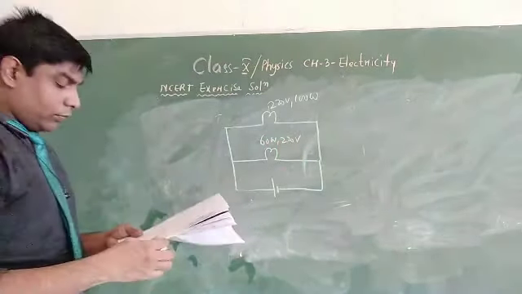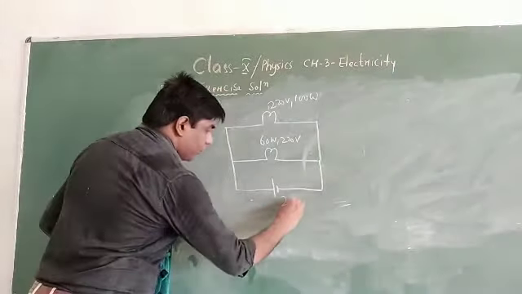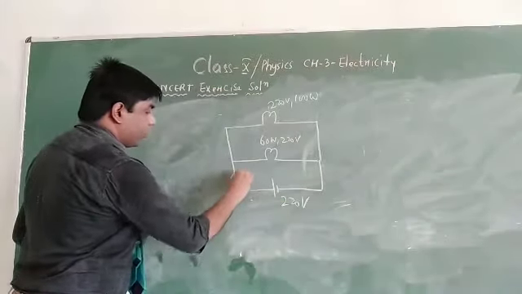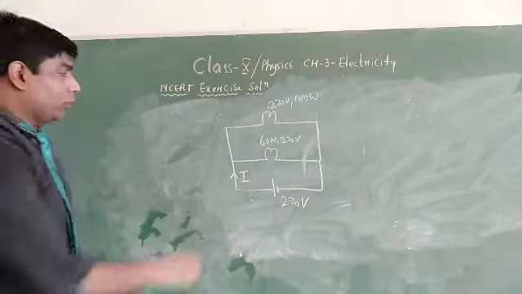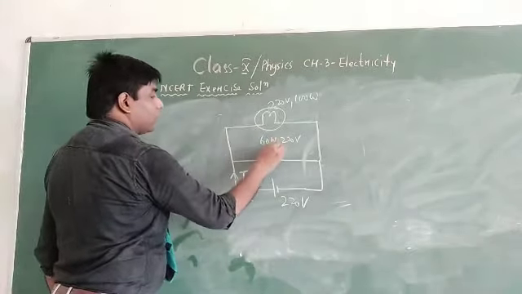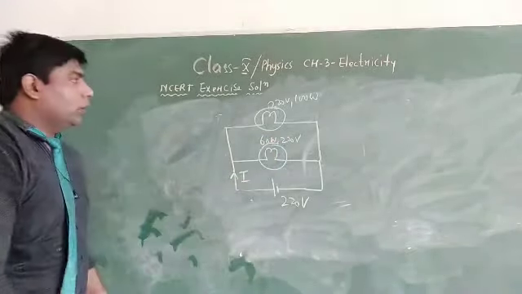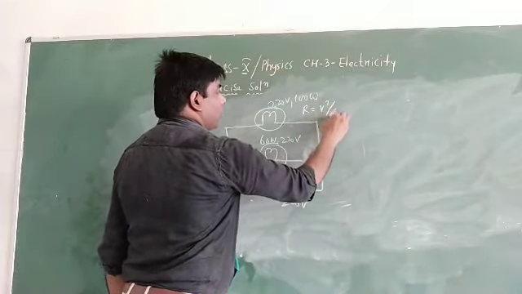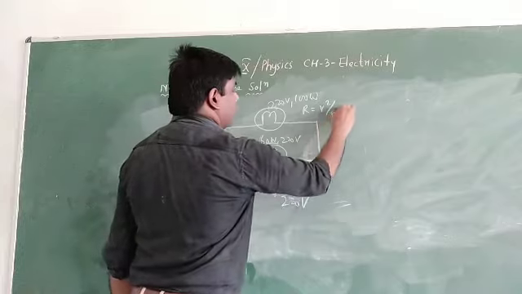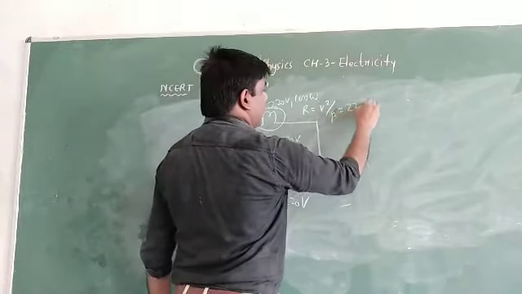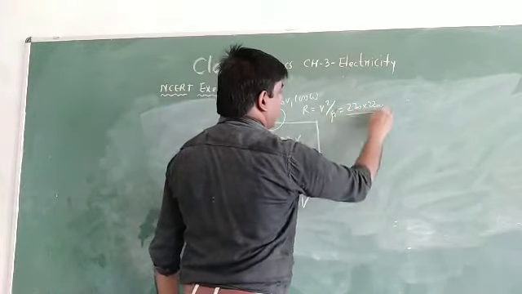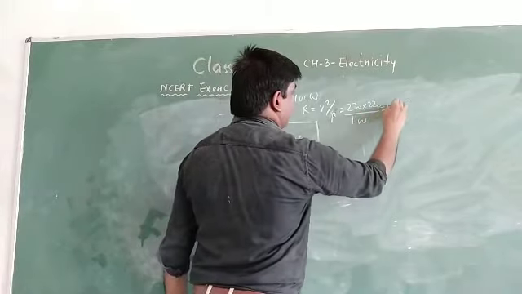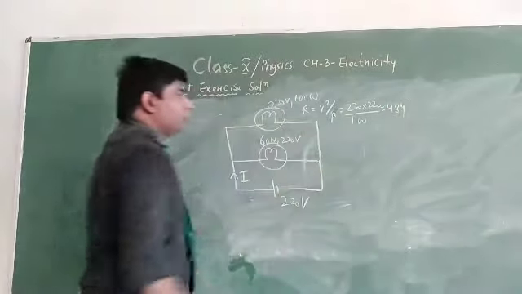What is the current drawn from the line if the supplied voltage is given? Yes, you have to find out this current. So to find out this current, we have to calculate this resistance and this resistance here. So here resistance is 484 ohm.